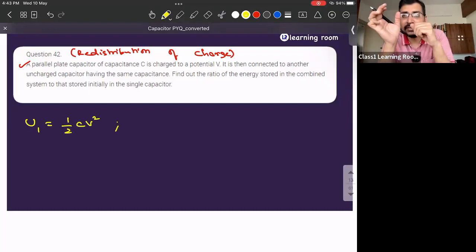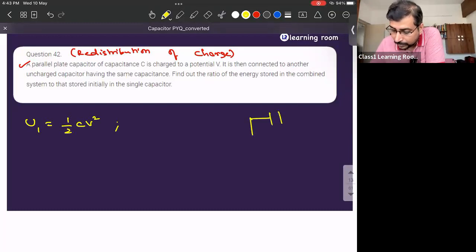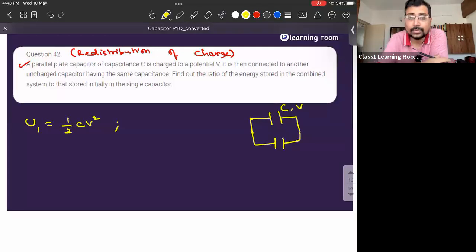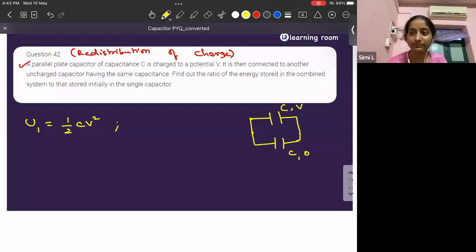So when this capacitor, which is charged, is connected to another uncharged capacitor, see, for example, this is charged to a potential V. This is having capacitance C. Initially, the charge is 0. When will the charge from the bigger capacitor to the smaller one stop flowing? When they attain equilibrium.